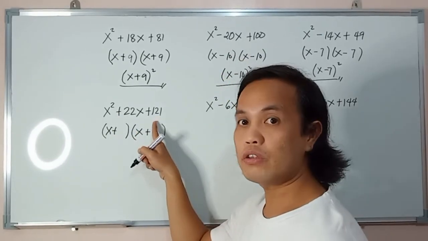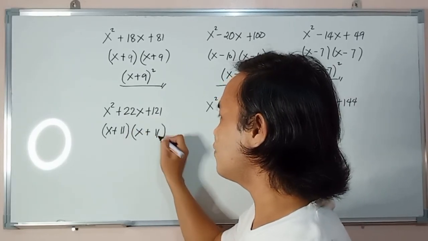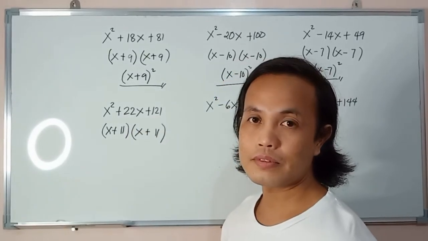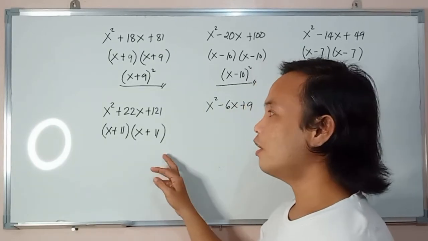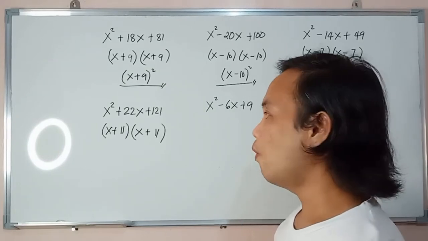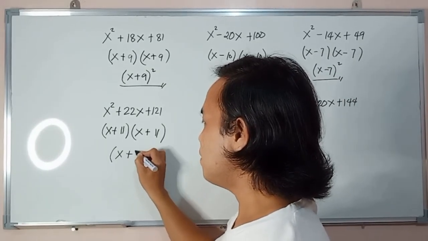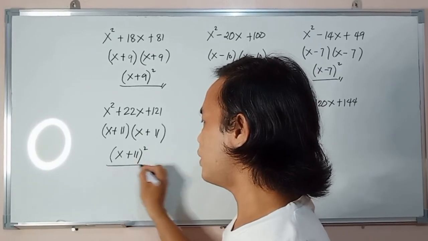The square root of 121 is 11, so that is 11 and 11. The factors are x plus 11 and x plus 11, which we can express as x plus 11 quantity squared.